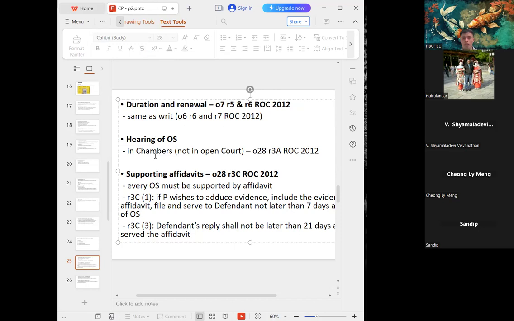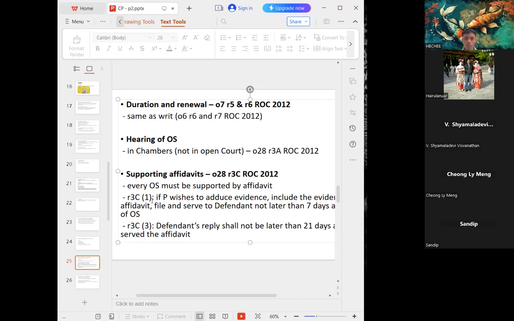Hearing of OS is in chambers, which means it's not in open court. It's given under Order 28, Rule 3A of your Rules of Court. Every OS must be supported by affidavit, so later I will see whether I have the OS example or not.